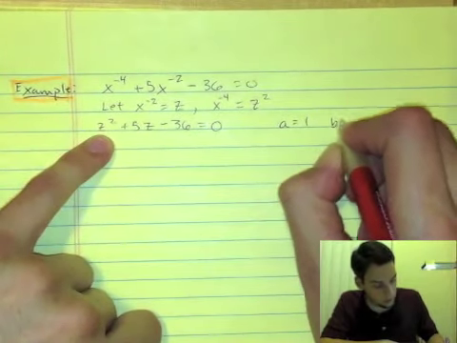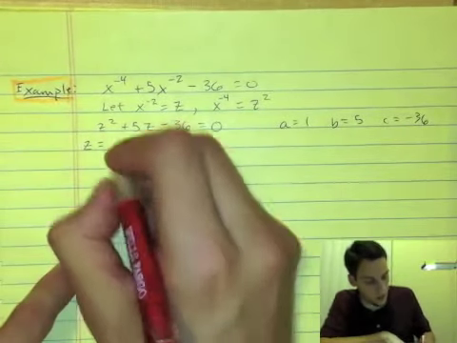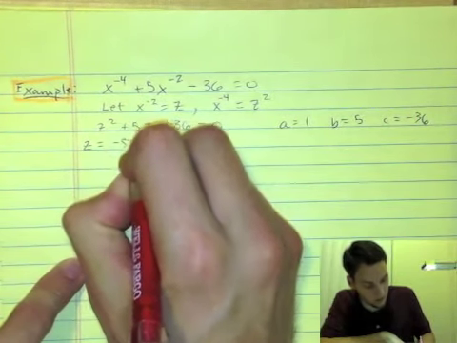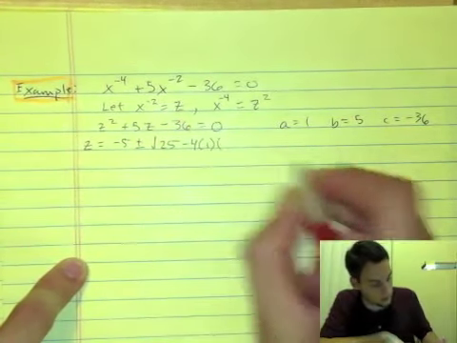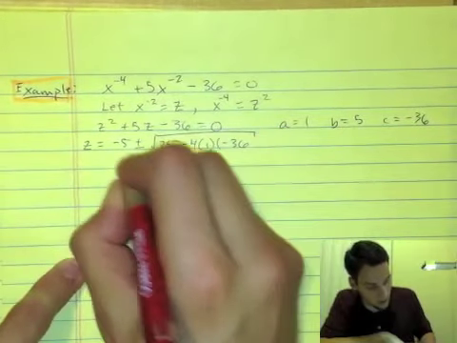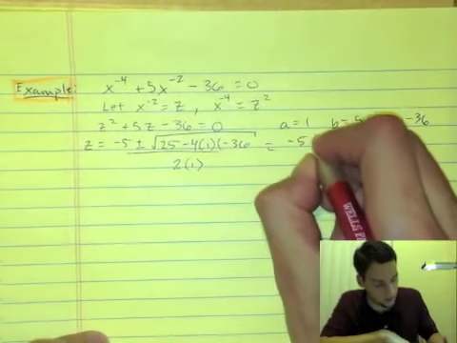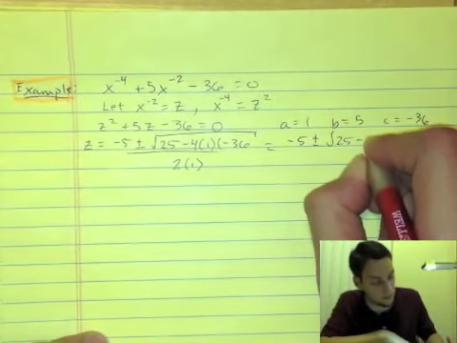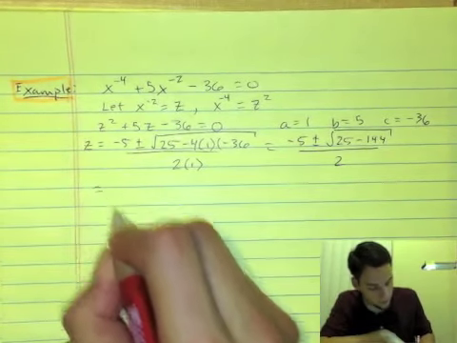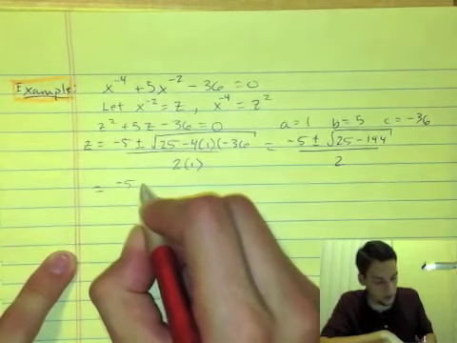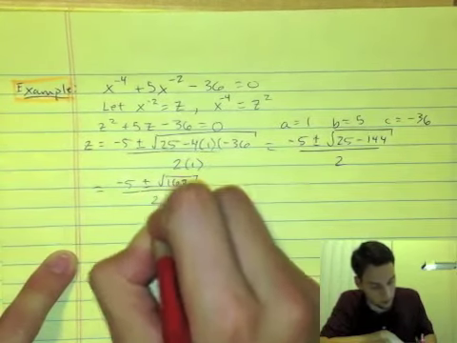So a is 1, b is 5, and c is negative 36. So opposite of b is negative 5 plus or minus square root of 25 minus 4 times 1 times negative 36 all over 2 times 1. And that equals negative 5 plus or minus square root of 25 minus 144 all over 2, which equals negative 5 plus or minus square root of 169 all over 2.